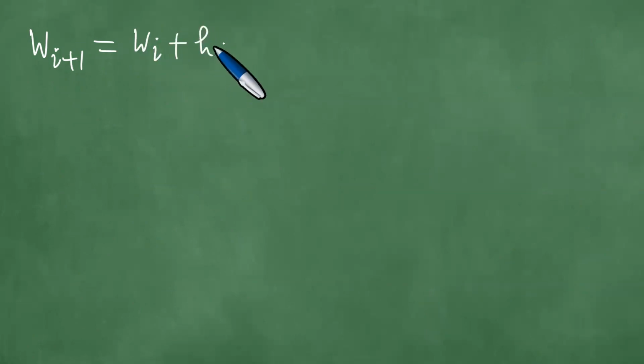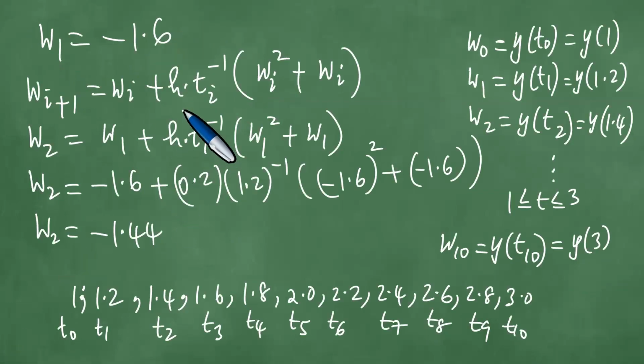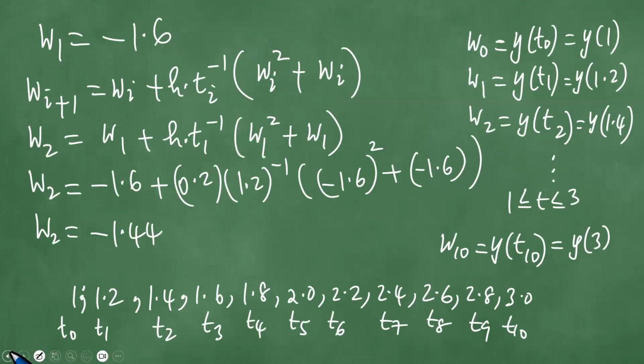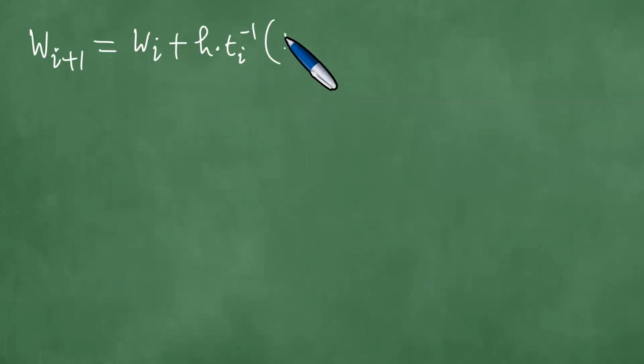Okay. Right. So W(i+1) equals W(i) plus H times f(T(i), W(i)).